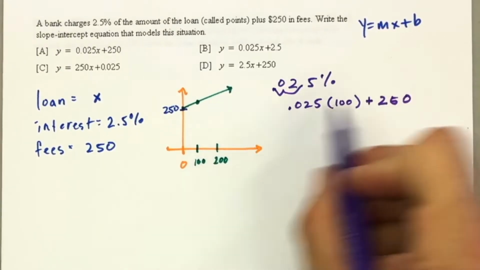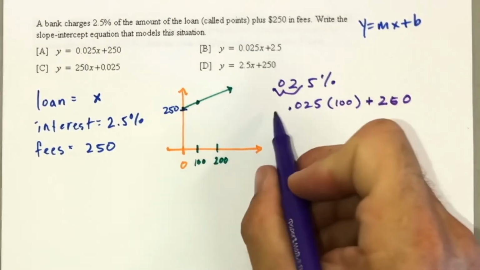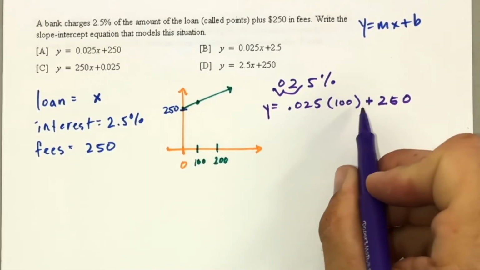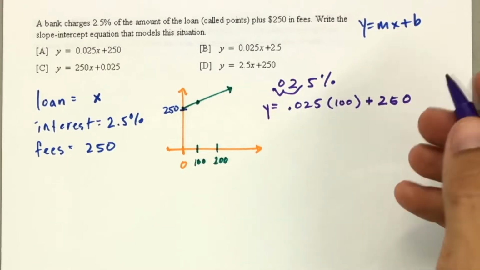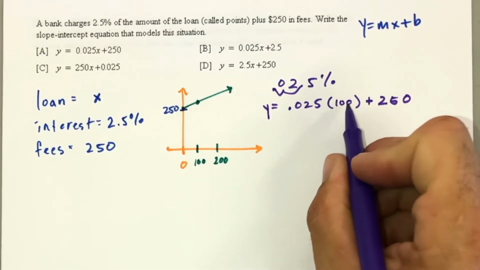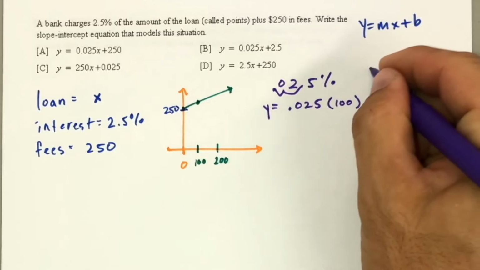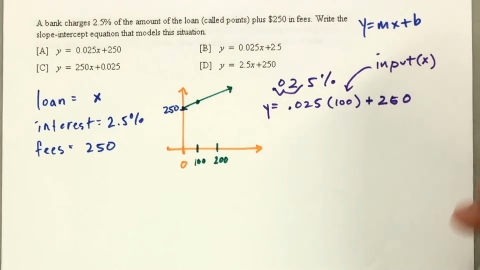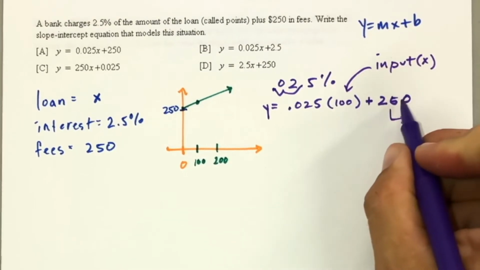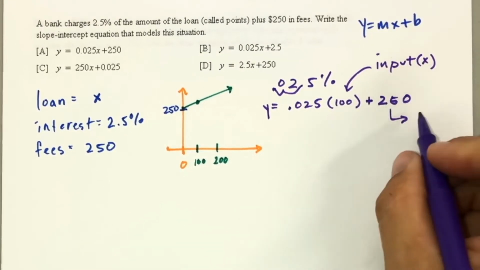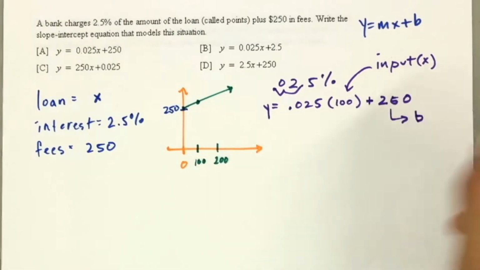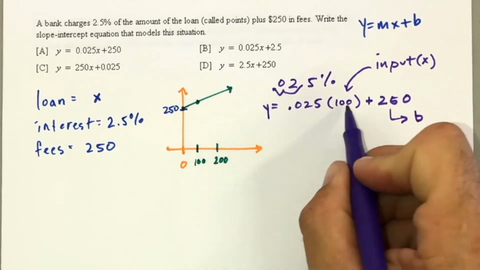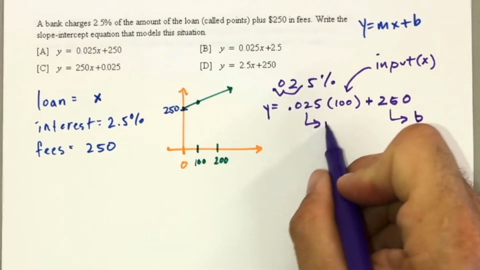By simulating or running an example, I could come up with my equation, understanding that I put in an input, remember x, of 100, and I had a flat fee at 0, my y-intercept, of 250, and what is applied to my input here is my slope.